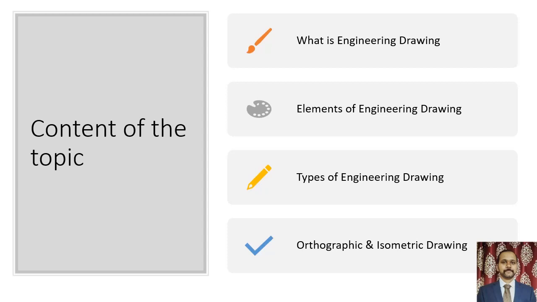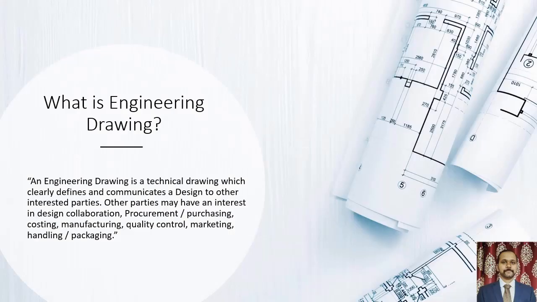So first, let's start with what is engineering drawing. So what is basically engineering drawing? Engineering drawing is nothing but the communication between the sender and receiver, or we can say it is the technical drawing which defines and communicates the design to each interested party.